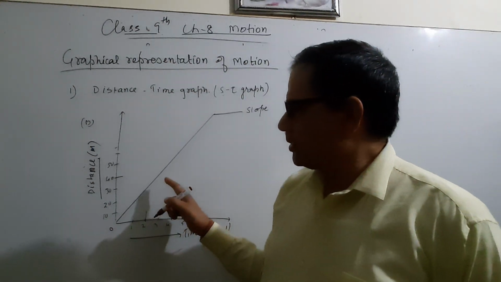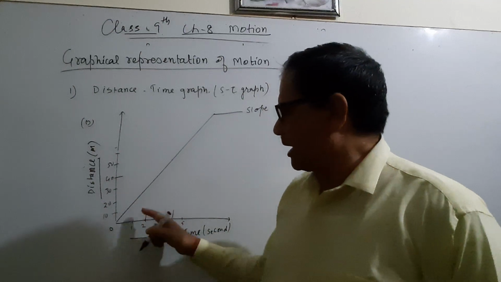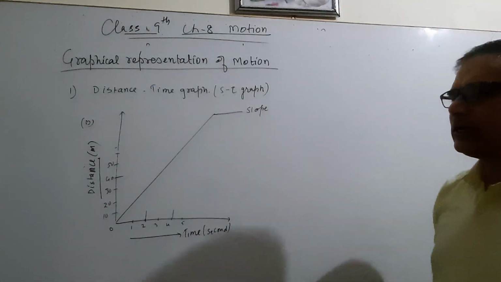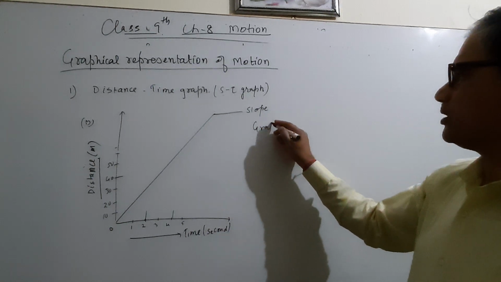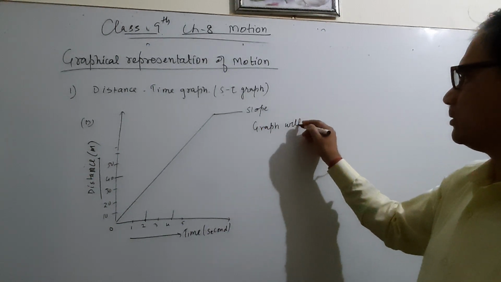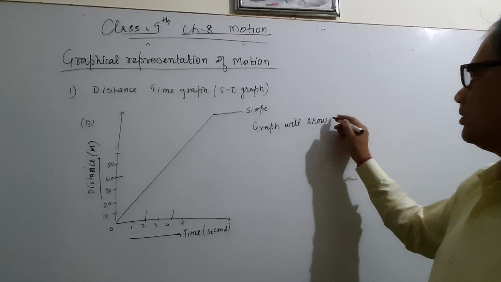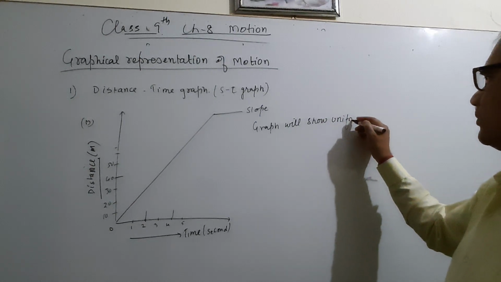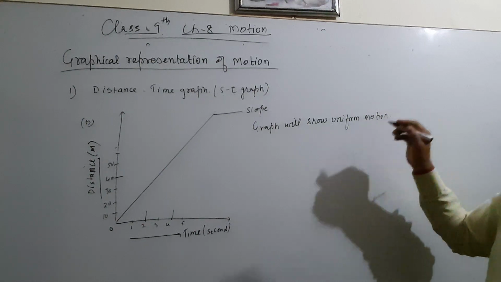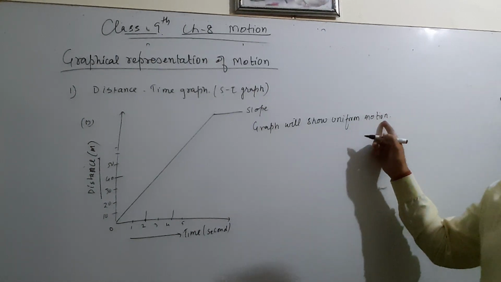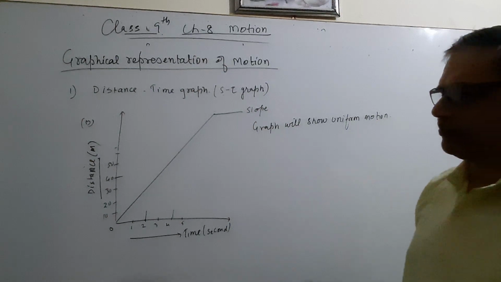If the line between distance and time is a straight slope, then it indicates uniform velocity. This graph shows uniform velocity or uniform motion, velocity or speed.